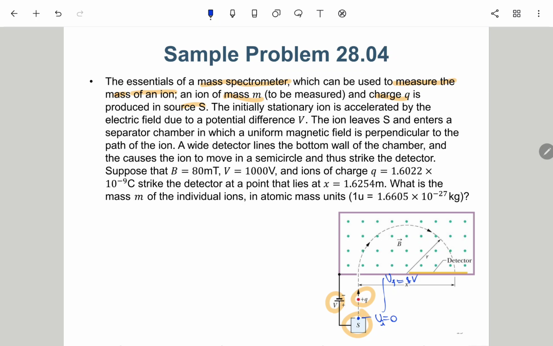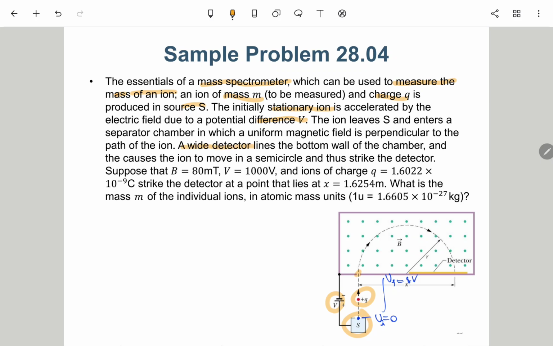So the initial stationary ion is accelerated by the electric field due to the potential difference V. It will accelerate the positive charge up to this point and then enter the region of the uniform B field. The ion leaves S and enters the separator chamber, perpendicular to the path of the ion.